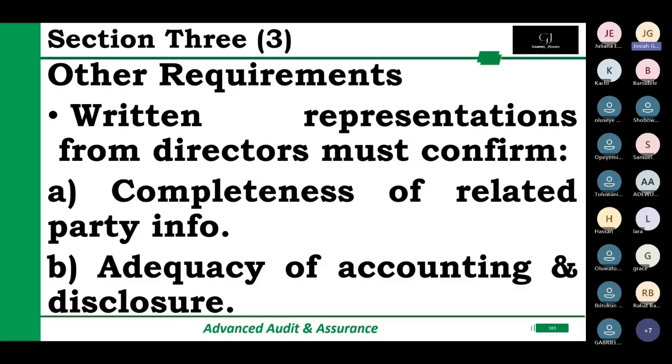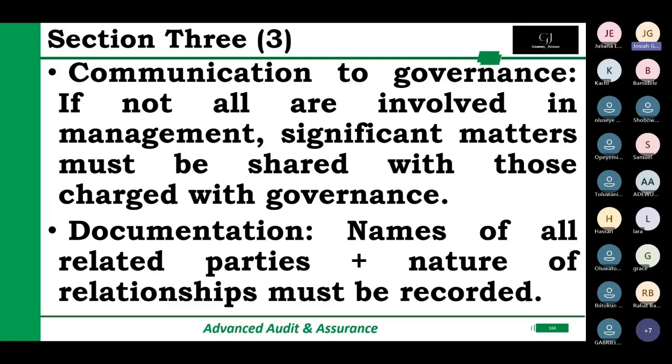They must confirm the completeness of related party transaction information and disclosure, the adequacy of the accounting and postings, the disclosure in the financial statements, and also communication to those charged with governance. If not all are involved in this significant issue, it must be communicated in writing that directors are not involved.